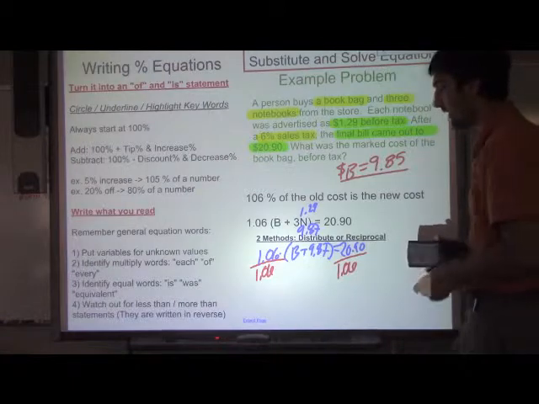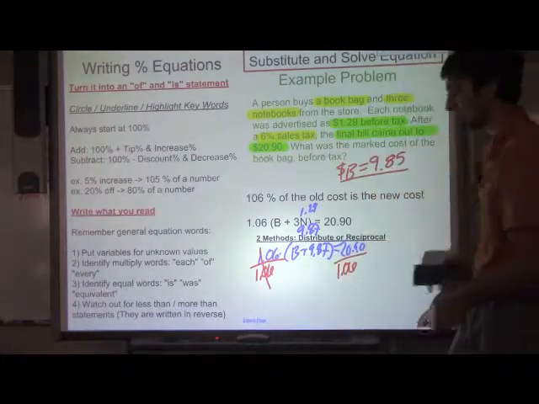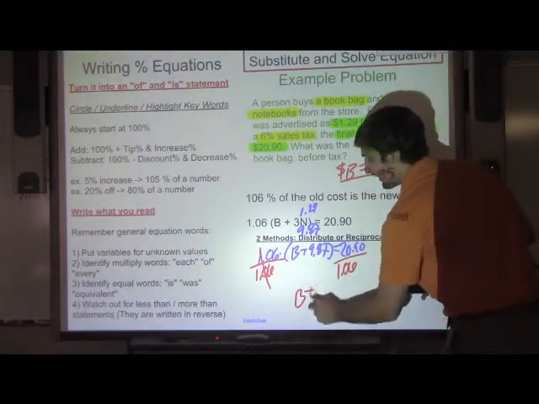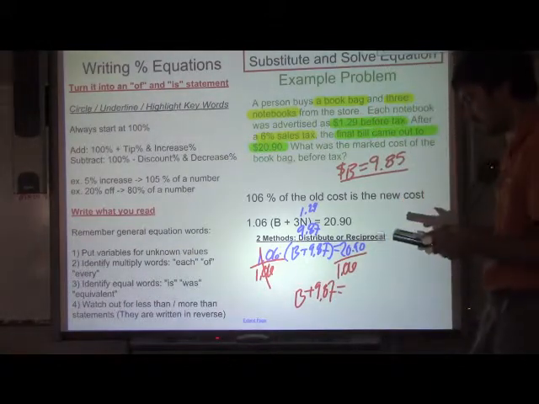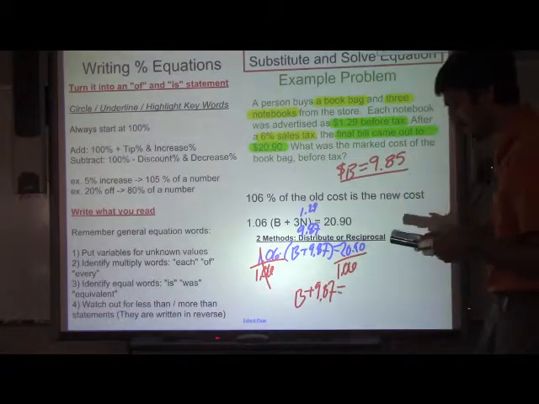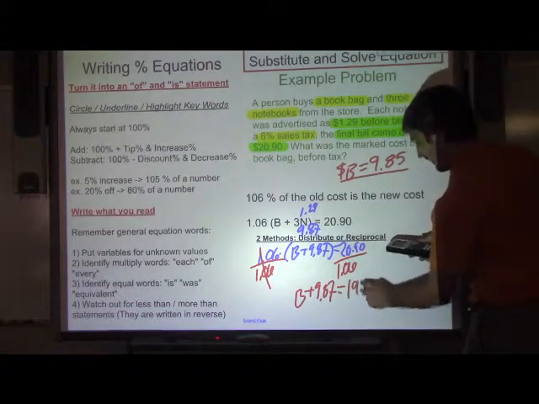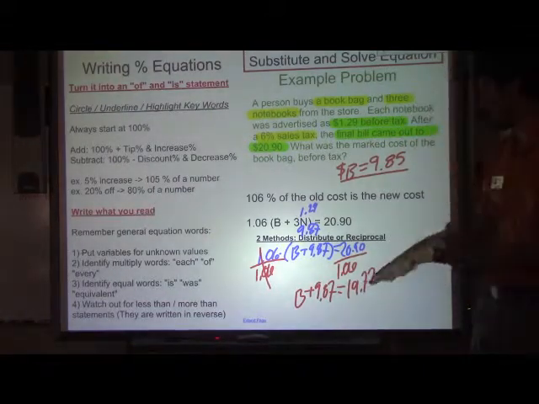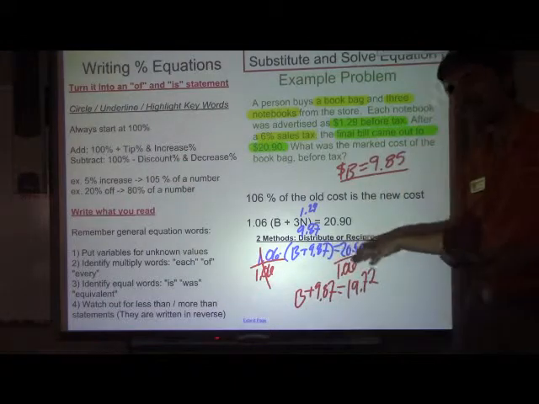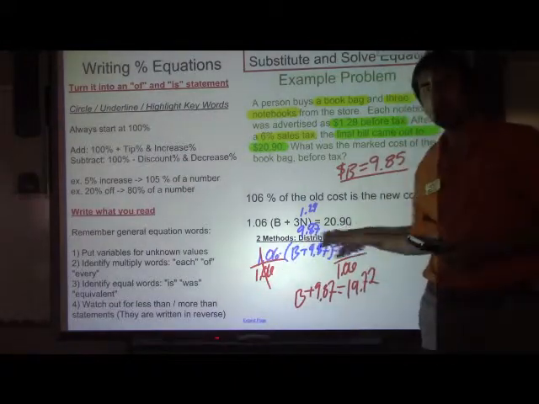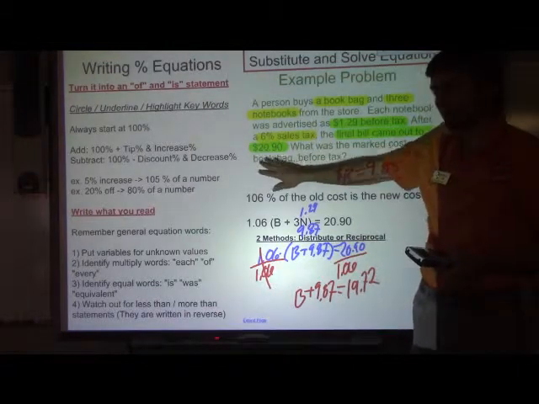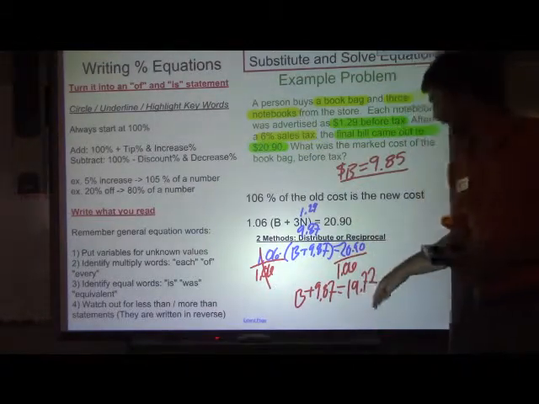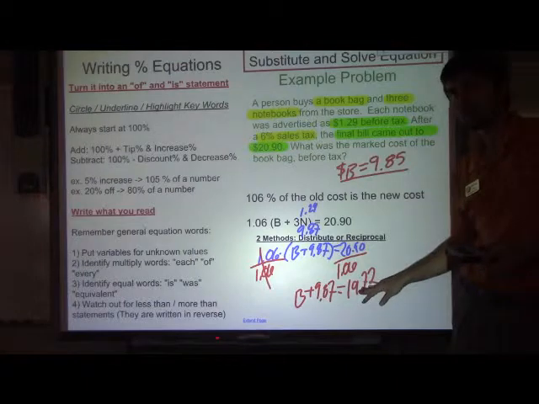When you do that, those cancel out. You're left with B plus 9.87 equals 20.9 divided by 1.06, and that's $19.72. This is basically saying we are undoing the tax. If our end price was $20.90, if we got rid of the tax, our end price would have only been $19.72.